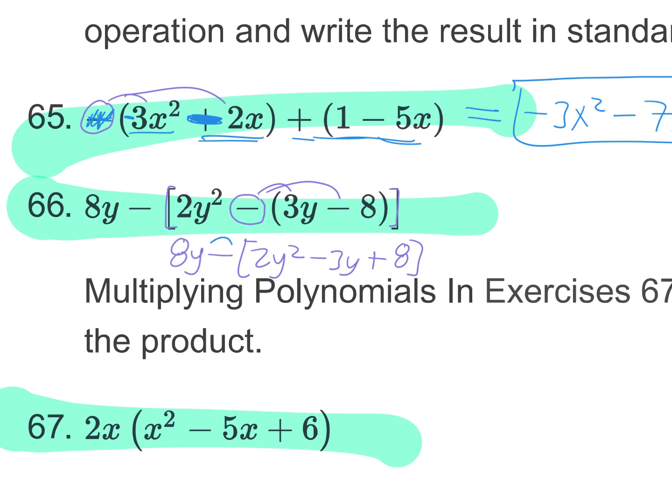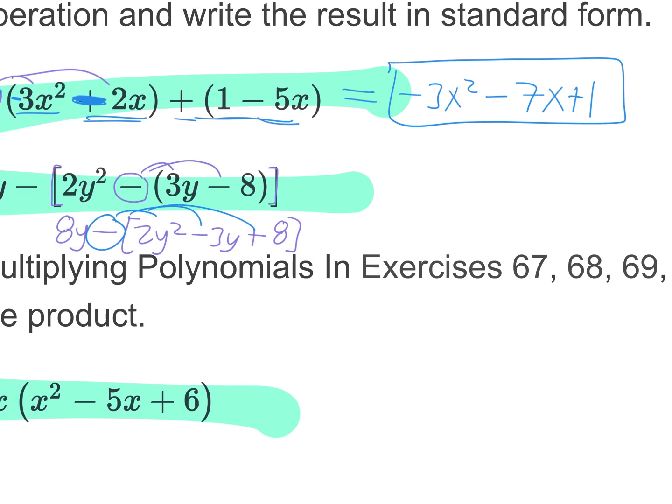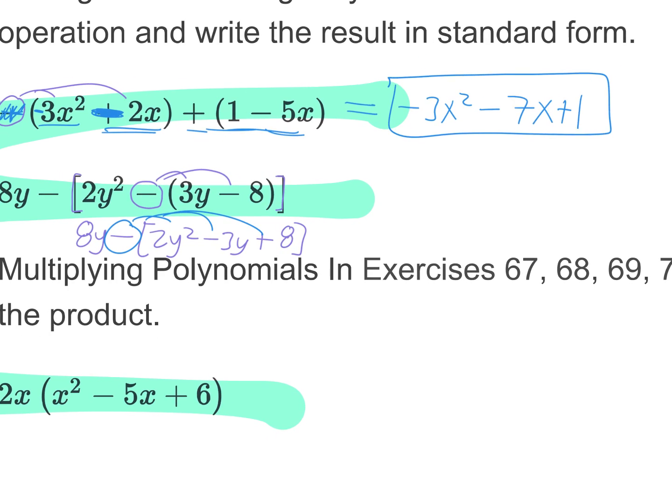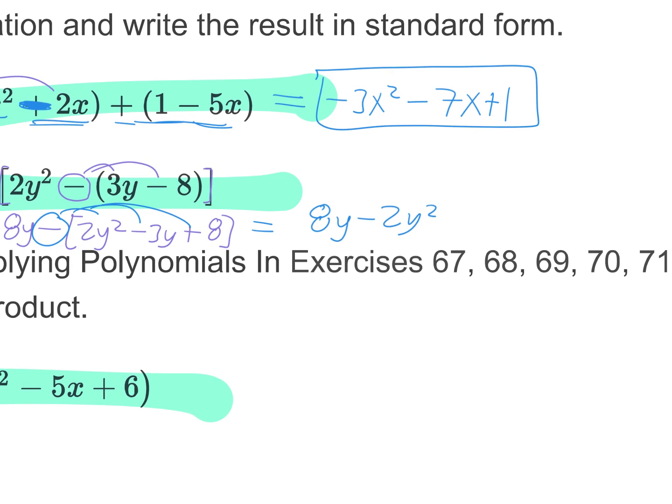And then from here, it looks like I can distribute that negative to every term on the inside of my brackets. And then that's just going to eliminate the brackets altogether, and then you can combine like terms. So I get 8y minus 2y squared plus 3y minus 8.